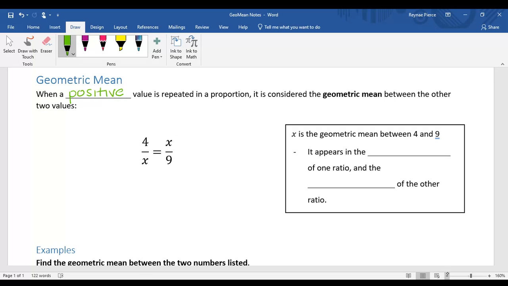So in this instance here, since x shows up once in the numerator and once in the denominator of the two different ratios, that means that x is the geometric mean between 4 and 9.